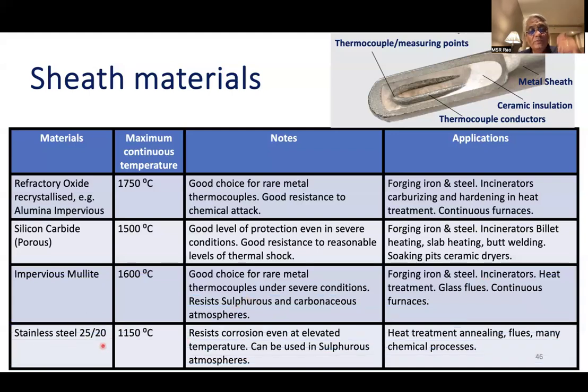Stainless steel 2520. The maximum continuous temperature is not very high, limited to 1150 degrees centigrade, and the notable point here is it resists corrosion even at elevated temperatures. It can be used in sulfurous atmospheres. This is good for heat treatment, annealing, and in many chemical processes.